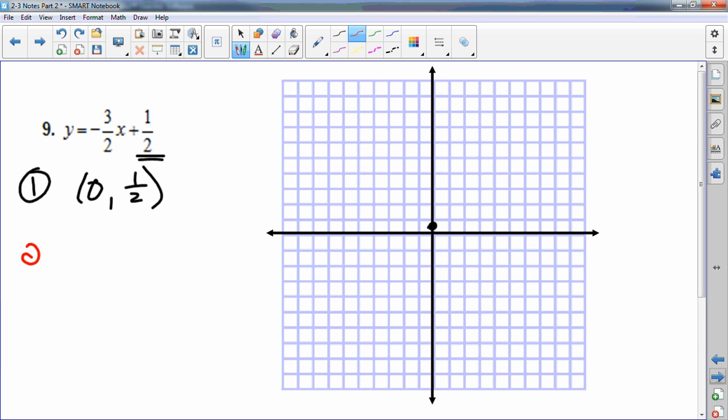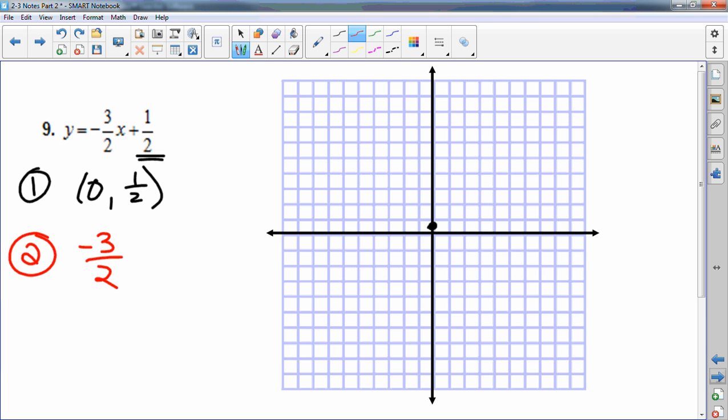Step 2. What's step 2? Josh, what's step 2? Look at your notes. Yes, find the slope. What is the slope here, Josh? Almost. Yep, -3/2.